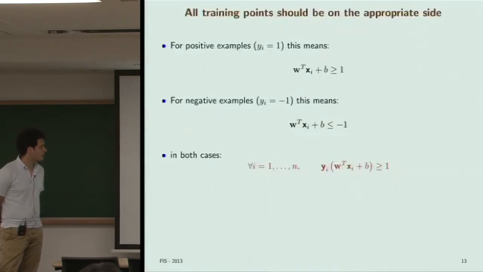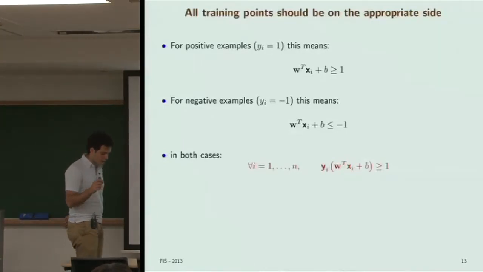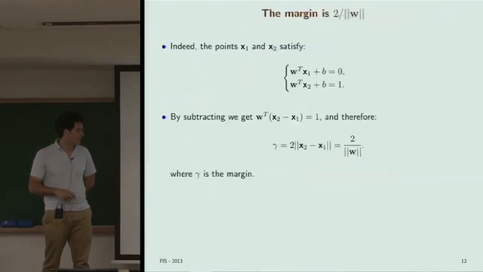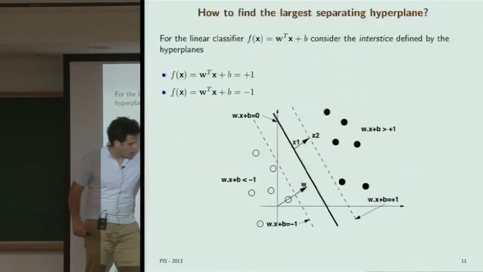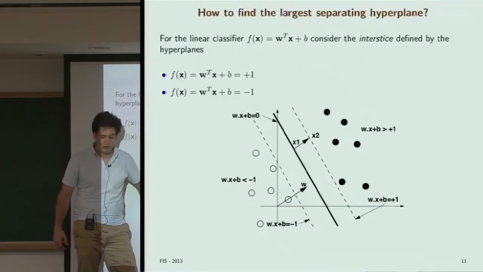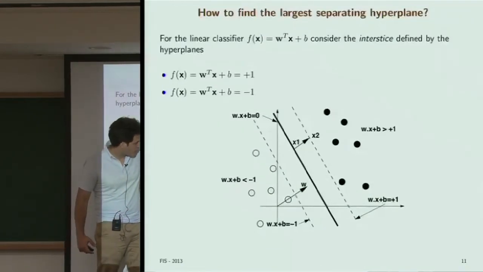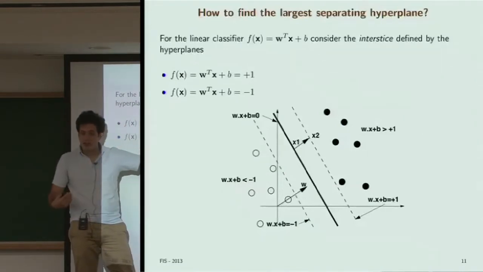Basically, we want to find a hyperplane which splits the data. Splits the data means w transpose xi plus b is positive. Sorry, it's not just that it splits the data. We want to find a hyperplane whose tube splits the data perfectly. That is, we want not only all the black points on one side of the hyperplane and all the white points on the other side, we also want the black points on one side of the tube and the white points on the other side of the tube.